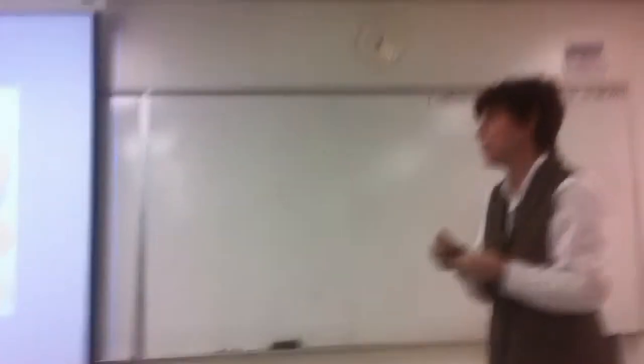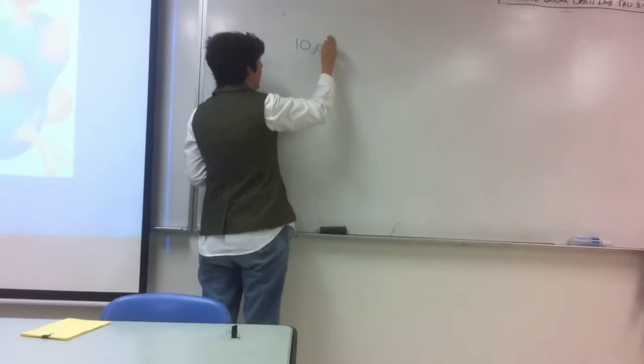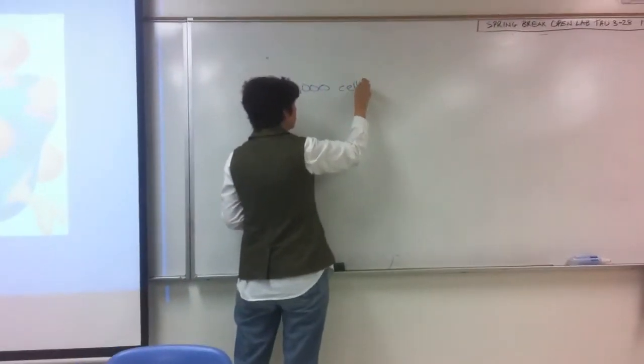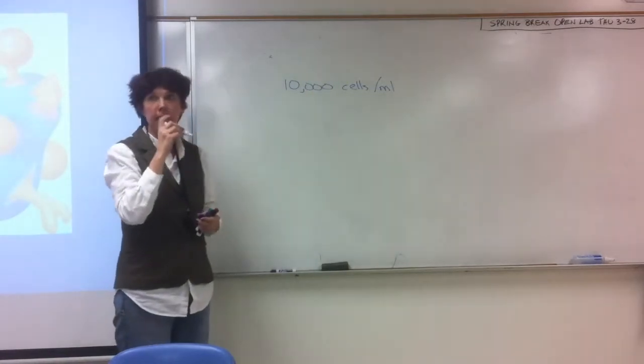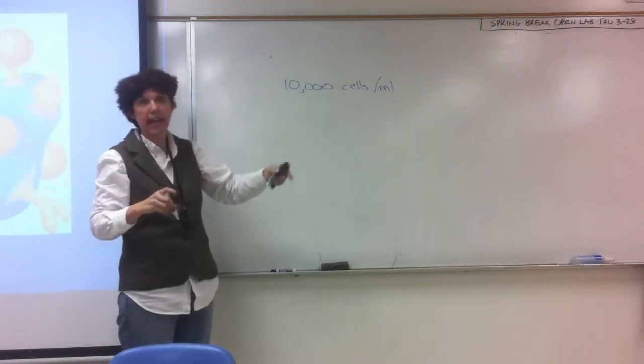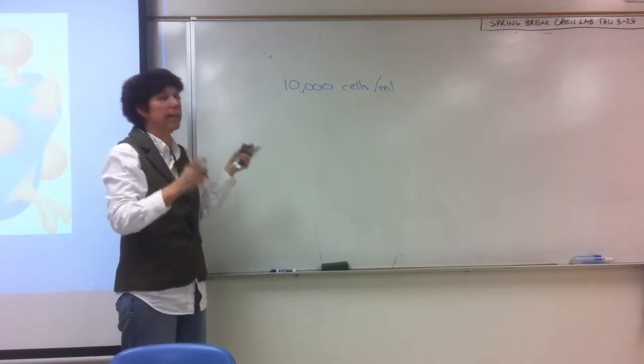So let's say that we have 10,000 cells per milliliter. If we dilute this out, we can get a ratio of just 1 cell per mil.